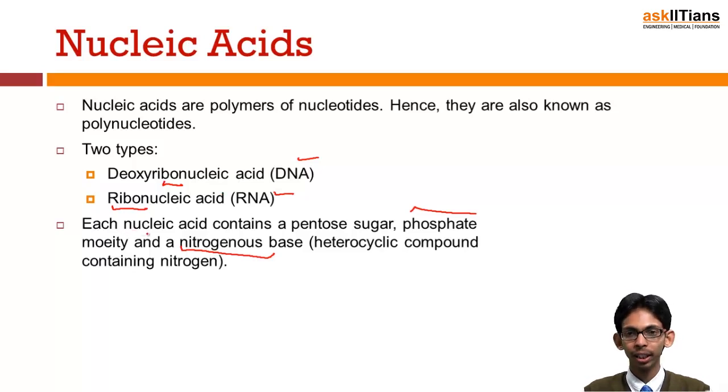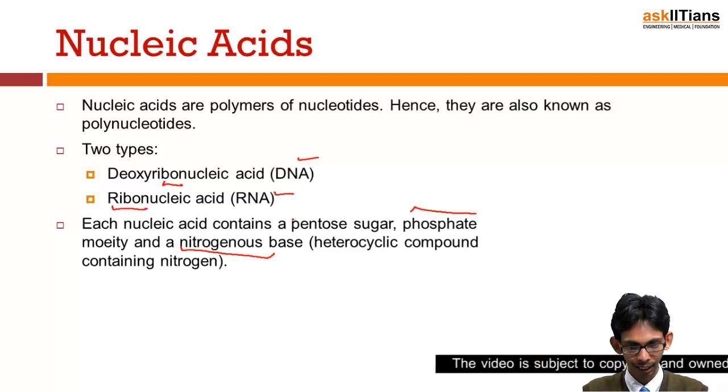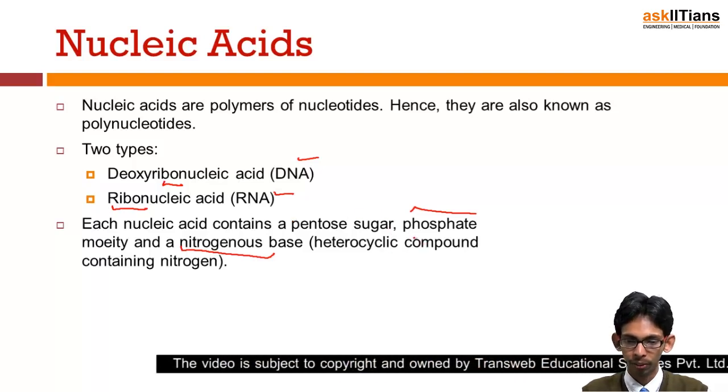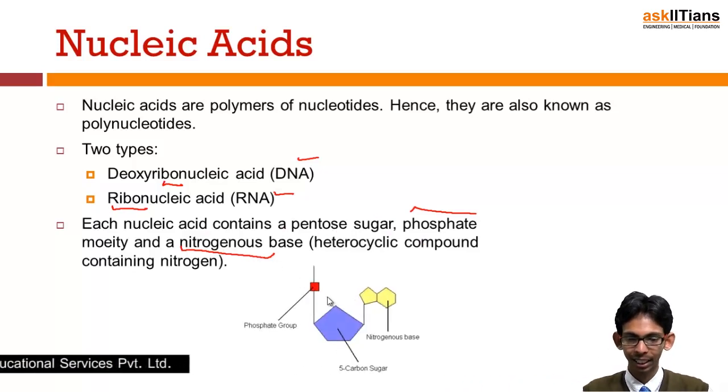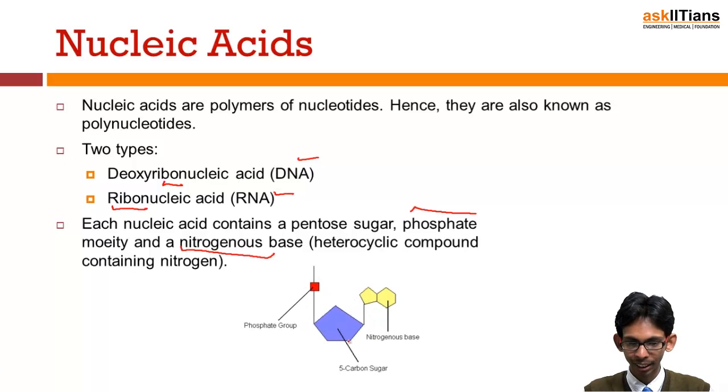Each nucleic acid is a chain of nucleotides, and that nucleotide contains a phosphate group, a pentose sugar, and a nitrogenous base. This is the structure, the way they are attached. A 5-carbon sugar, generally ribose. On this side there is a phosphate group, and on this side there is a heterocyclic compound containing nitrogen known as nitrogenous base. So this is the overall structure of a nucleotide, and these form long chains to form nucleic acids.